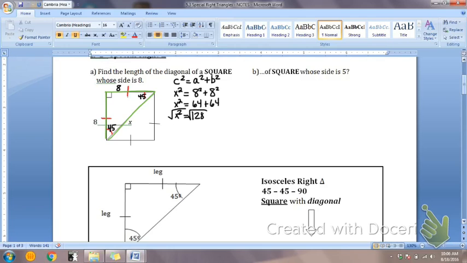What are you getting when you break down 128? Should be 8 square root of 2. You should have 3 pairs of 2's with another 2 left over. So it should be 8 square root of 2. Okay?